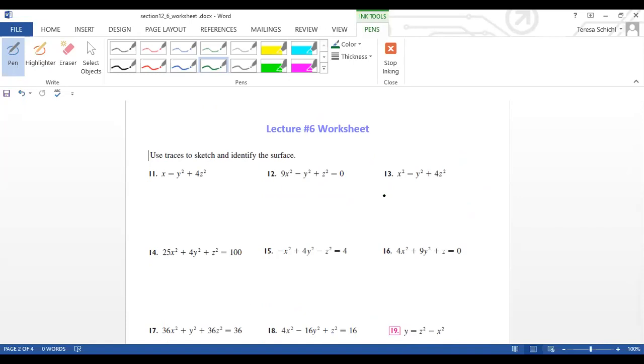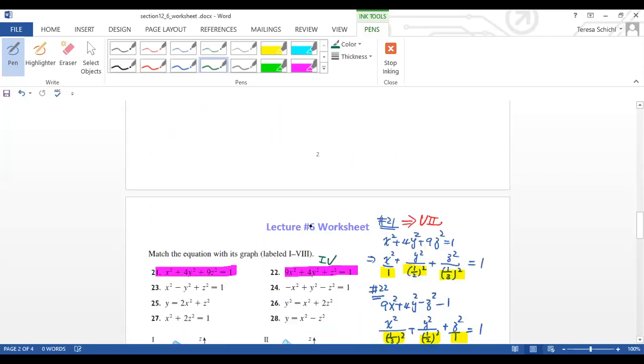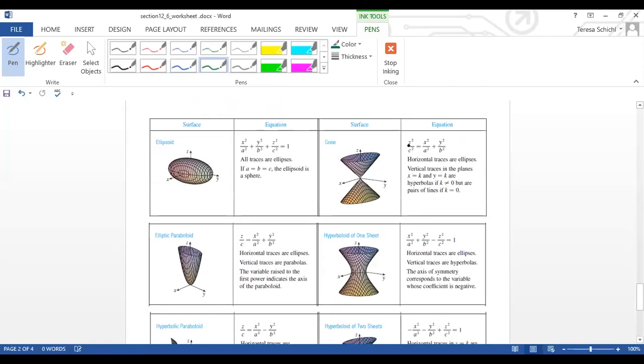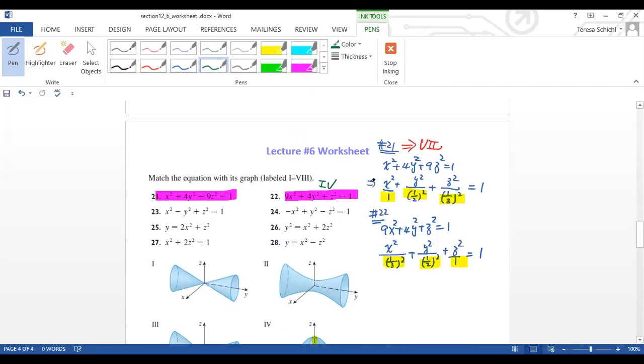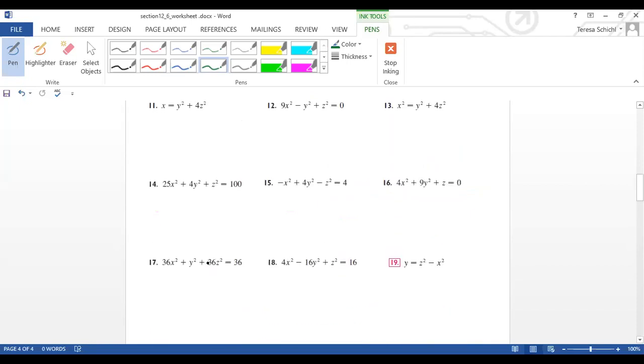The trace means you let the third variable become different numbers, and then you trace it to see what it looks like. So the first thing you will do is try to match the formula to see what this one matches. You say, okay, this one is an elliptic paraboloid or a cone, and then you be careful about which axis they're parallel to.